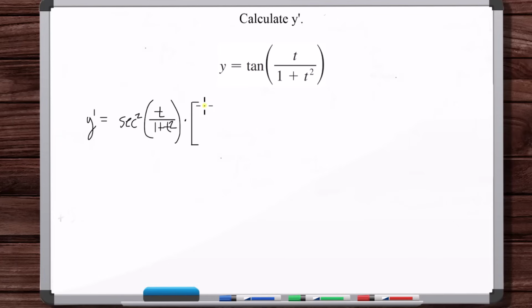So the derivative of the top times the bottom minus the derivative of the bottom, 2t, times the top, all over the bottom squared. And actually, it's 1 plus t squared, squared.